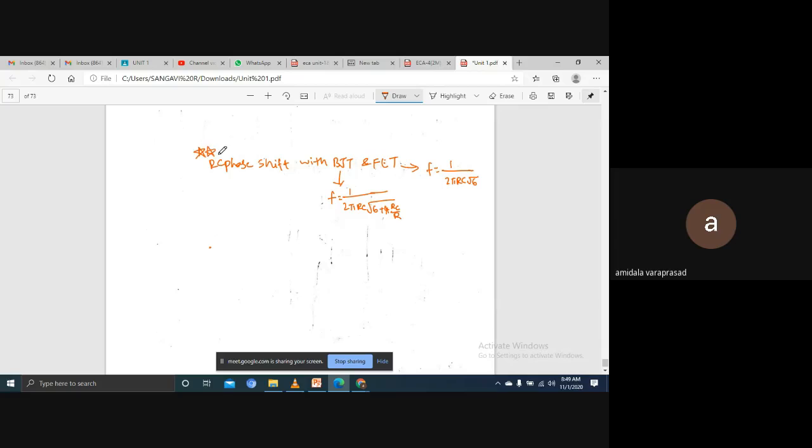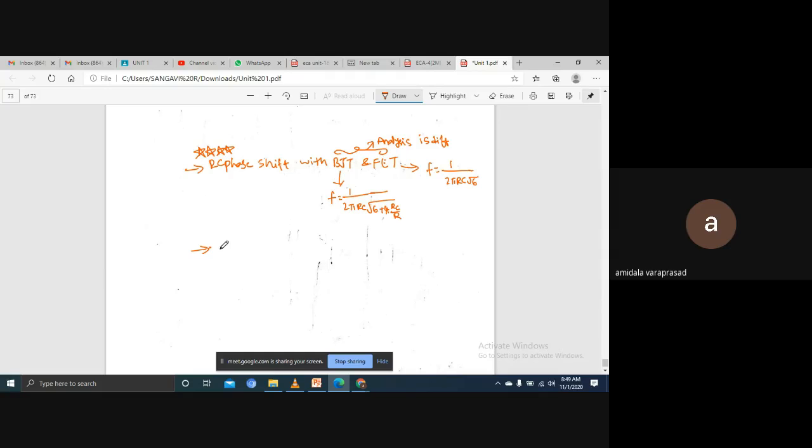For FET and BJT, the analysis is different. The circuit is also different, but we know this uses BJT and FET. There are two circuits.